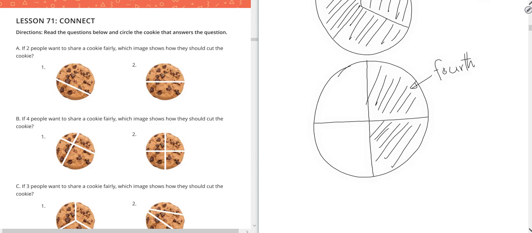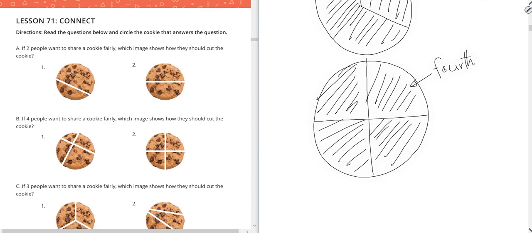And this part is fourth. So how many fourths in one whole? 1, 2, 3, 4. We can write fourth as 1/4. And so on. Among 5 friends, we must divide it into 5 equal parts.